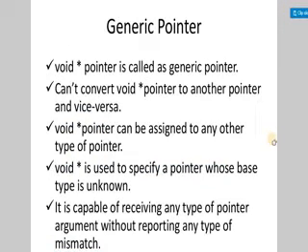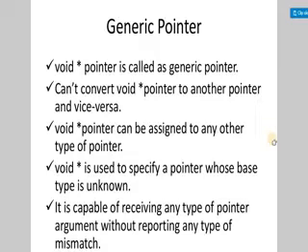A generic pointer is basically a void pointer. Void pointer means a pointer that can point to any kind of data type. If I declare a pointer variable of integer data type, that pointer variable can indicate only integer type data. But if I declare a pointer variable as void type, just using the keyword void, then this pointer variable can indicate any type of data.